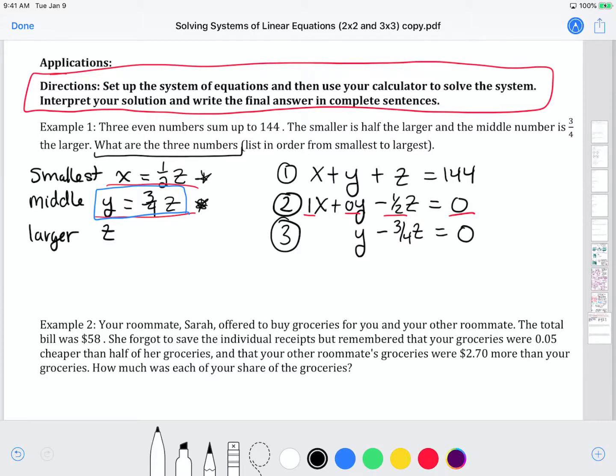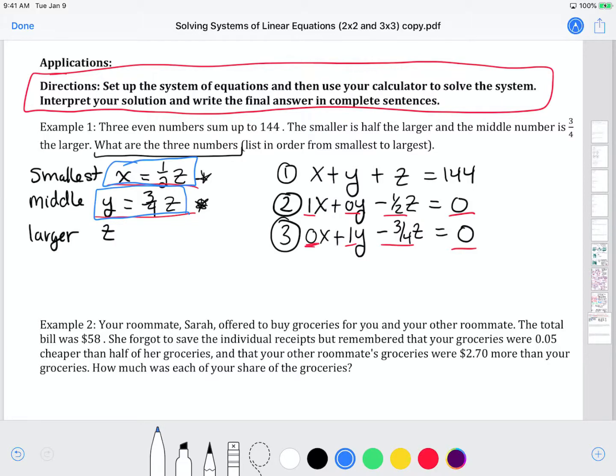And now I'm going to put in a 0x there, so I remind myself that my coefficient for x there is 0 because I don't have any. And then for y, my coefficient is 1. And then for z, my coefficient is -3/4, and then here's my constant. So I'm using these two equations here. I'm just rewriting them so that all my x's, y's, and z's are lined up. And in the case where I don't have a particular variable, I just stick a 0 in front of it as my coefficient.